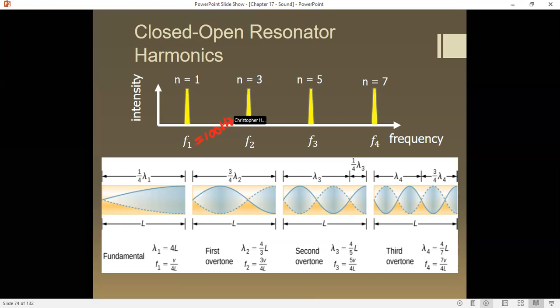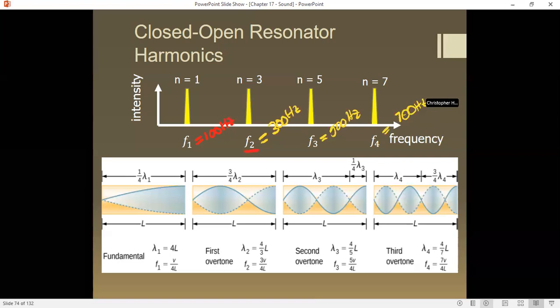Now the next harmonic, what we might call F2 or F3, depending on what textbook we're looking at, is equal to 3 times the frequency, or 300 hertz. The next one would be 500 hertz. See what's going on here? The next one would be 700 hertz.